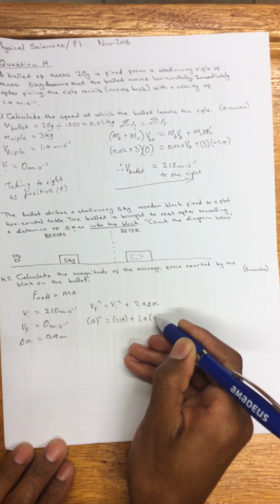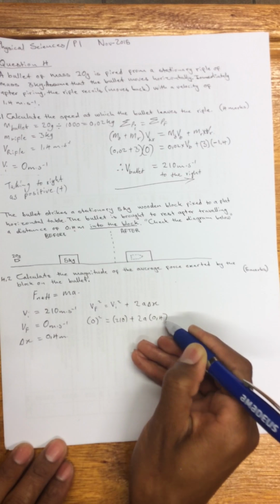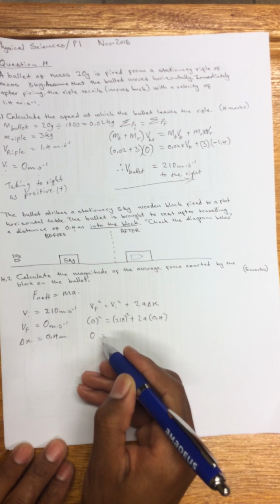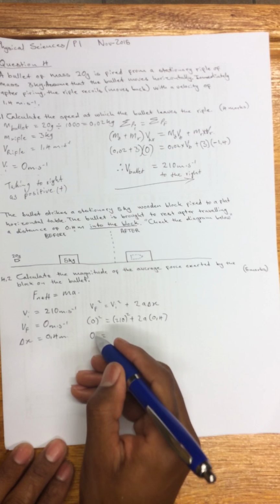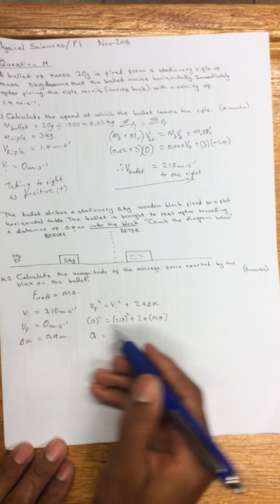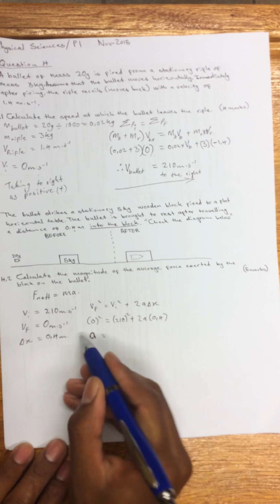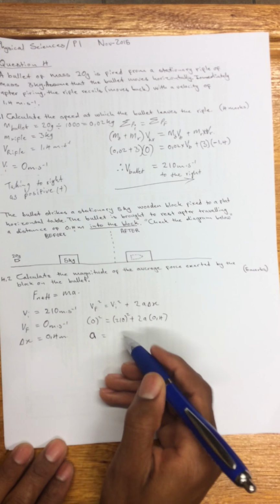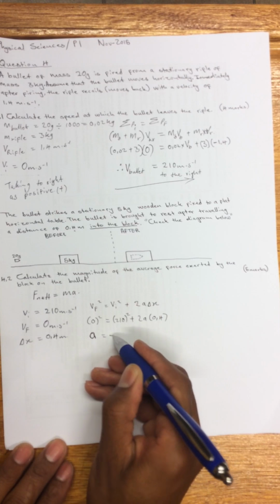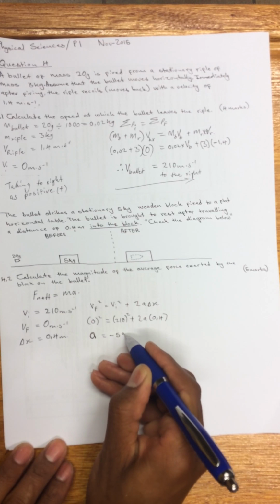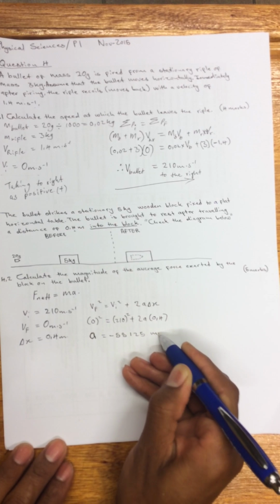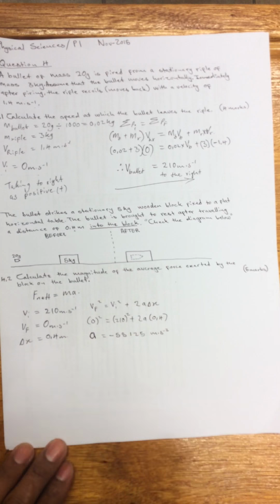Acceleration, we're looking for it, 0.4, and then 0 squared is 0, 210 squared. I'll skip this step and then you'll calculate the steps. I'll just write the final answer as acceleration equals 55125 meters per second squared.